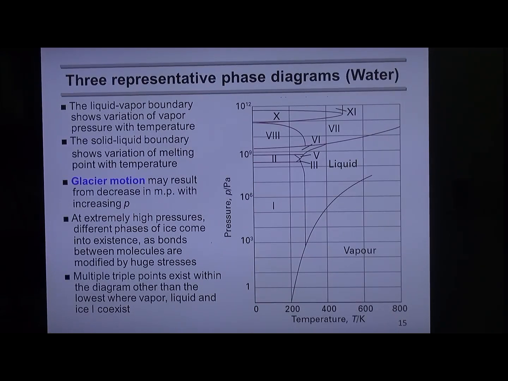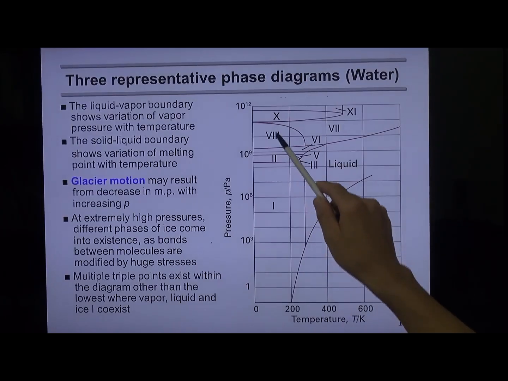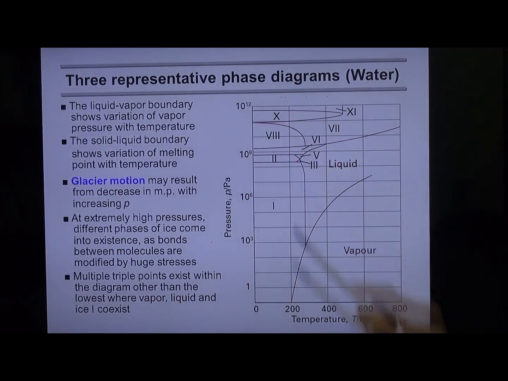Next representative diagram is for water. It's a little more complicated than CO2, right? Solid, liquid, and vapor, but there are many different types of solid areas.